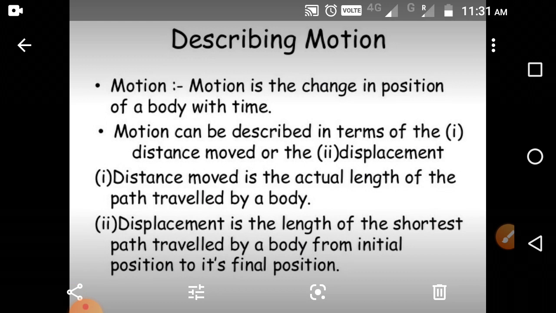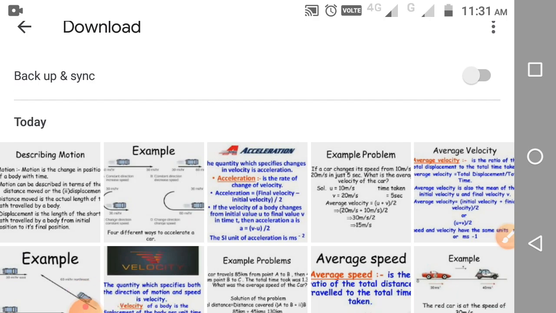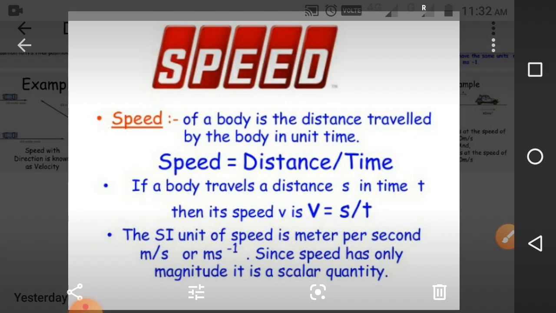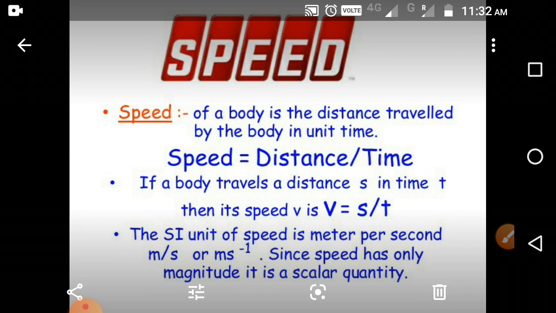So now I have two parameters, distance and time. If I have distance and time, I can find another parameter, known as speed. Speed is the ratio of distance and time. If I have the distance and the time, then I can simply find the speed.